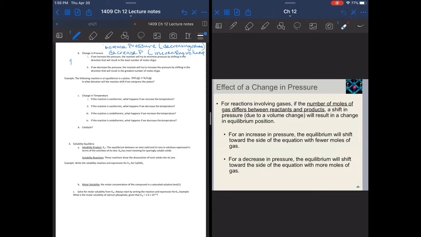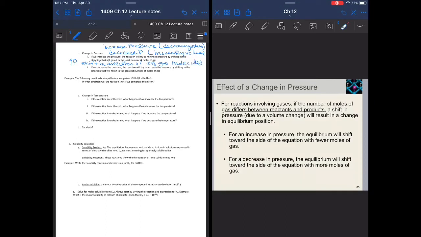If you increase the pressure, then the reaction is going to shift to minimize that pressure, to offset that. So increasing the pressure is going to cause a shift in the direction of fewer gas molecules.